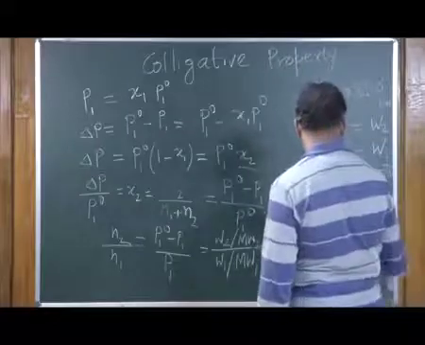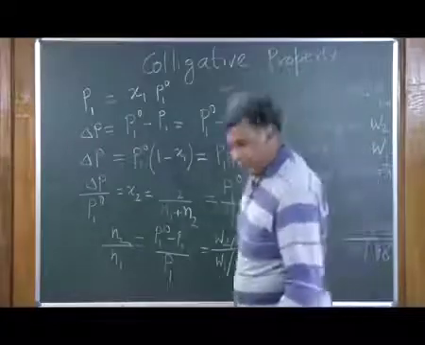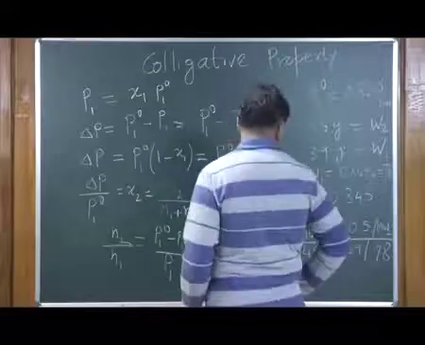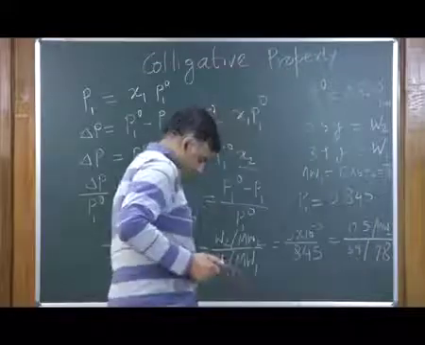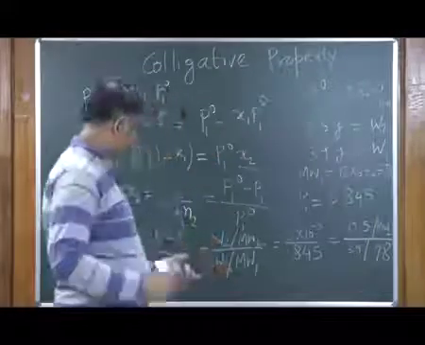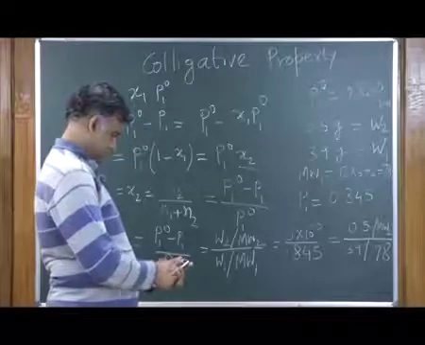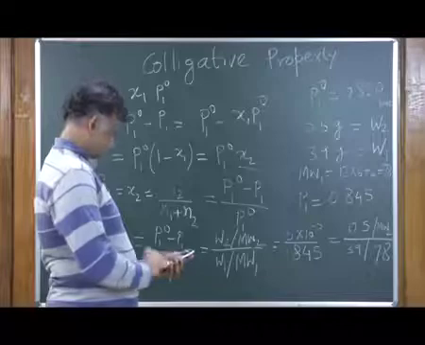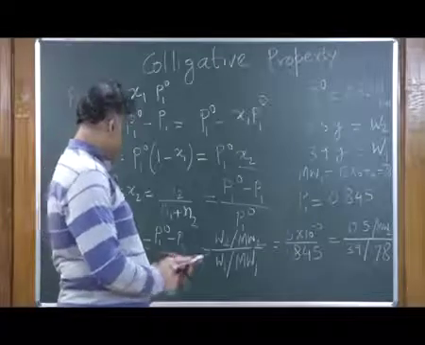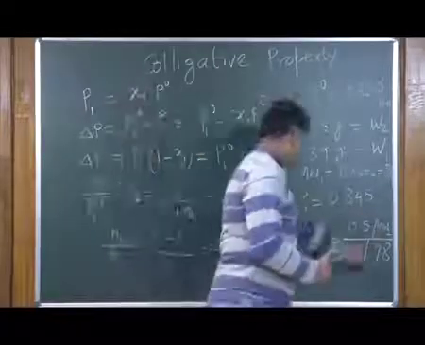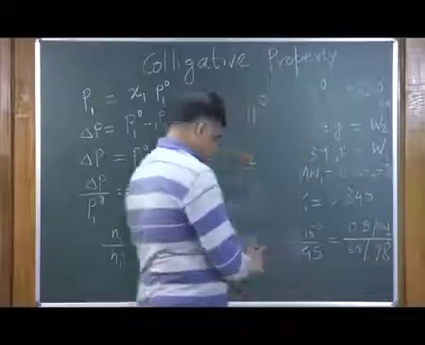So, I can calculate the molecular weight of the solute now easily using this formula. I am going to take the molecular weight to the other side and bring all the information to this side.